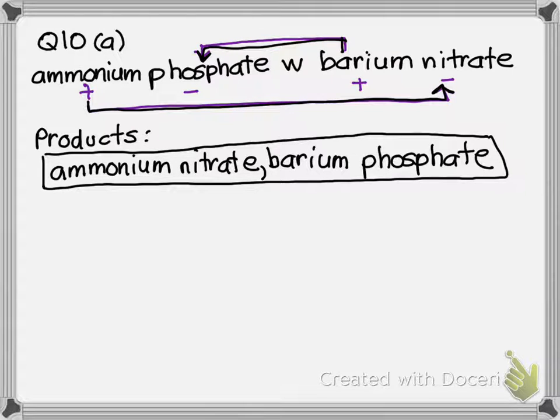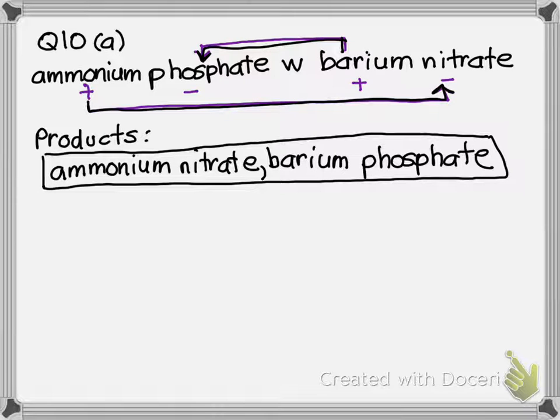Some of you may like to write the formula equation first and then name the products. I know in one of the questions after this one, one of the products is water, so you'll have to be sure to name it as water. Just think about that kind of thing.